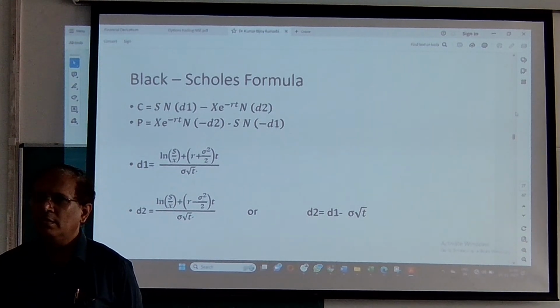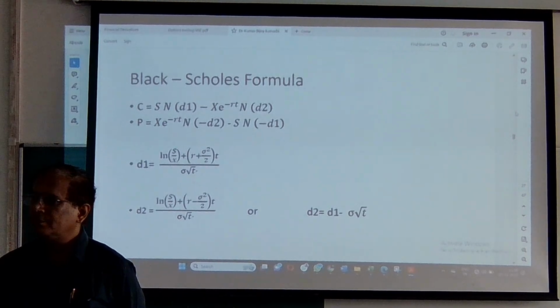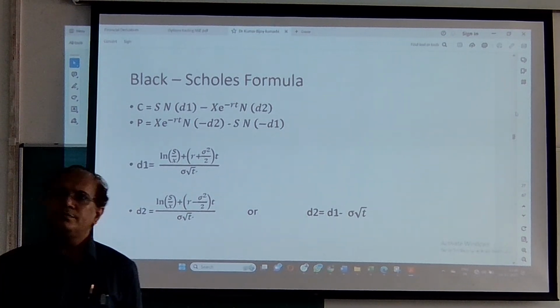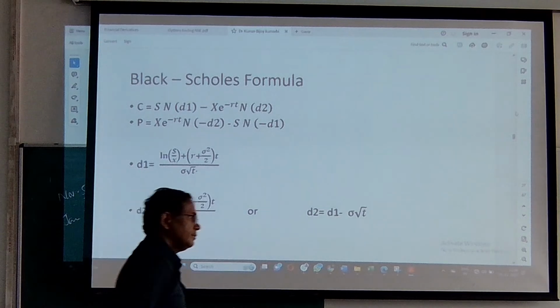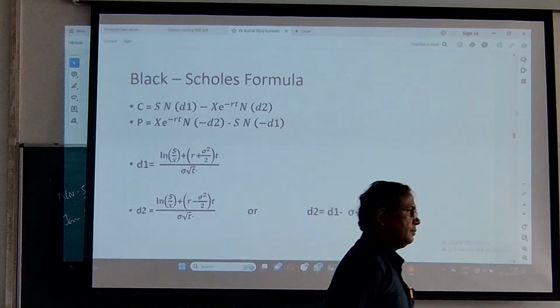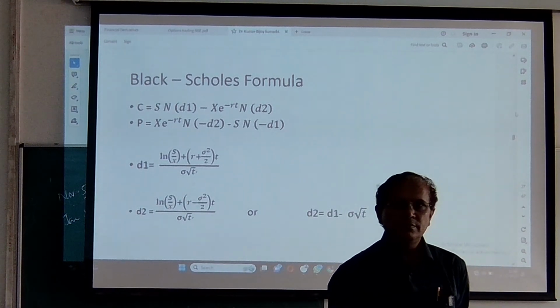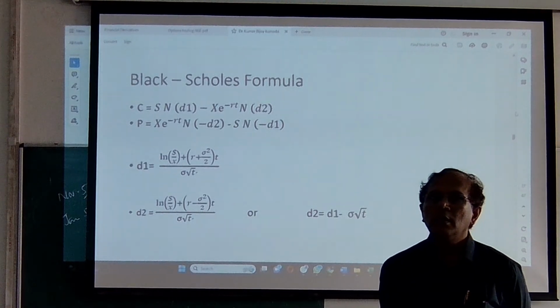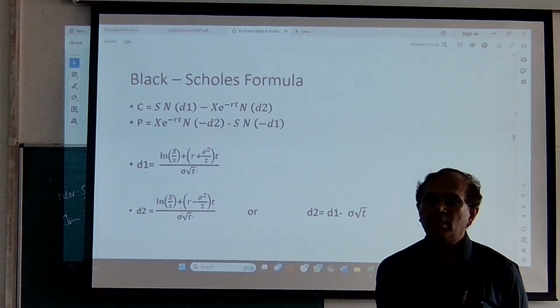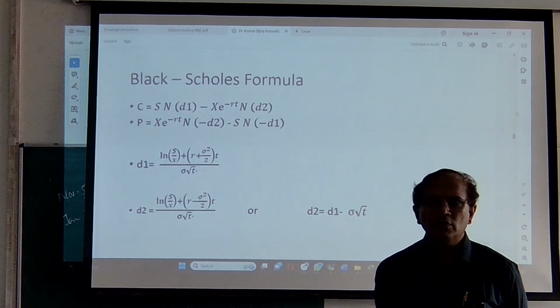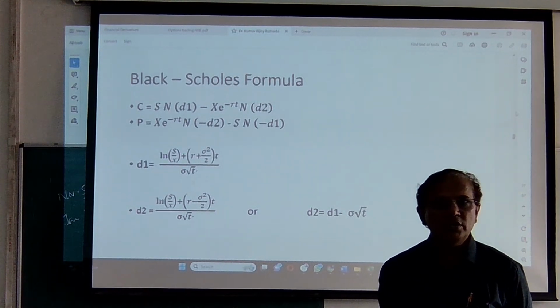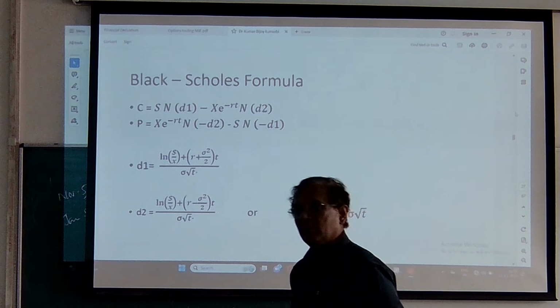T is 1 year. Use the value. R is 0.07. Sigma is 0.1, so sigma square will become 0.01. Won't it? It will be 0.01. So do the calculation quickly.